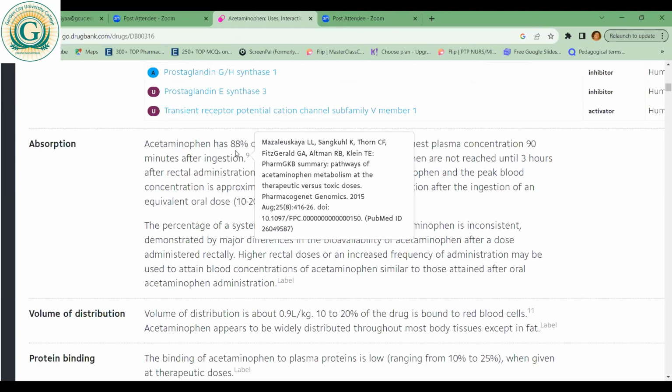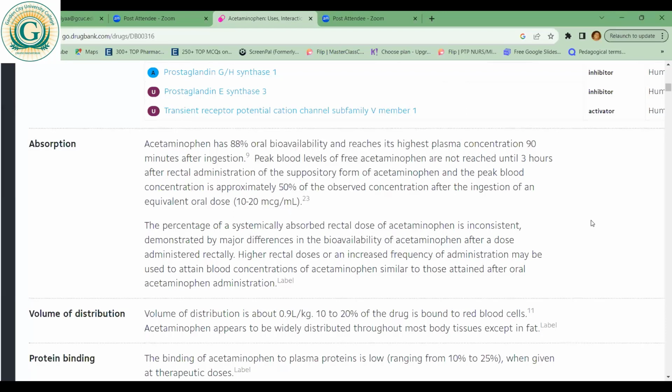So here we have acetaminophen as 88%, meaning that if I administer paracetamol to an average adult, 1 gram or 1,000 milligrams, 88% of it is what will be absorbed into systemic circulation. I'm repeating myself, and we are going to do a small calculation here.